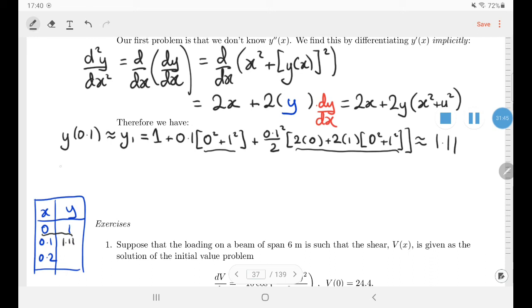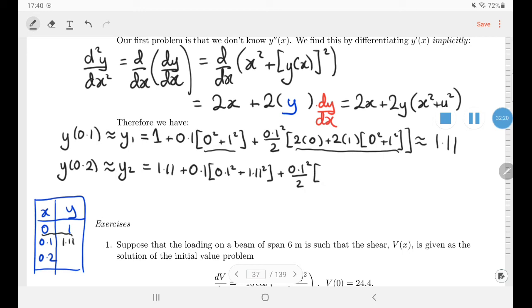Now let's go again. What's going on at x equal to 0.2? That's approximately what we call y2, which is the previous y value, 1.11, plus the step size, 0.1, times the previous slope. For us, the slope is x squared plus y squared, and at the previous point the x is 0.1, so we're looking at 0.1 squared plus the previous y squared, 1.11 squared, plus step size squared over 2.